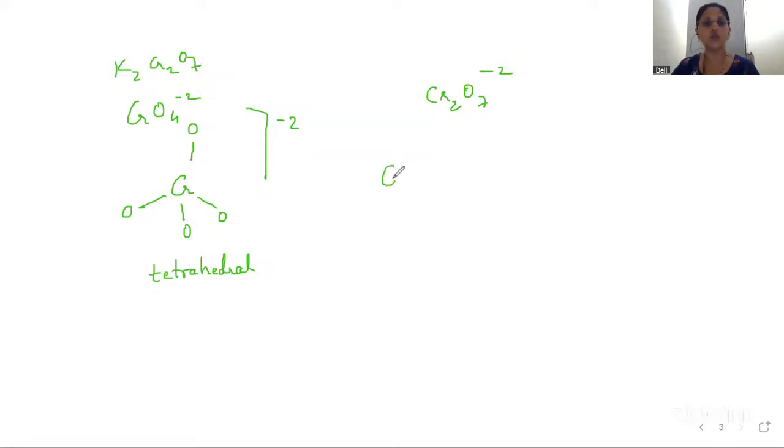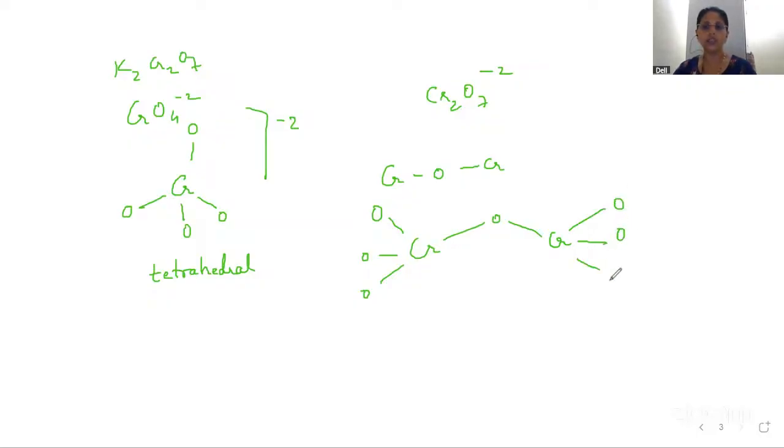Dichromate structure: in the dichromate ion, there is involvement of a bridge. Cr, these three oxygens are bonded like this. Then one oxygen forms a bridge between two chromium atoms, and here you have the remaining three, with charge minus 2. The bridging bond length is 180 picometers, and the CrOCr bond angle is 131 degrees.